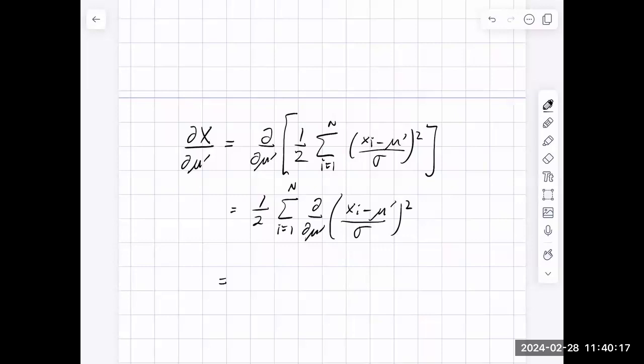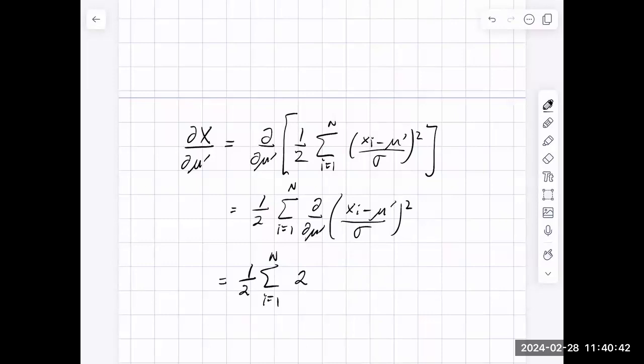So this will be 1/2 the sum of i equals 1 to n. We'll get a factor of 2 from the square. And then we have to take the derivative of what's inside. So what's the derivative of the stuff inside the square with respect to mu prime? It's -1 over sigma, right?